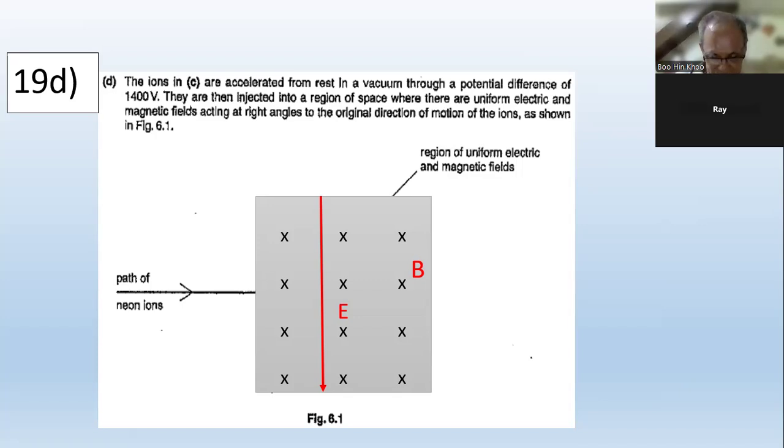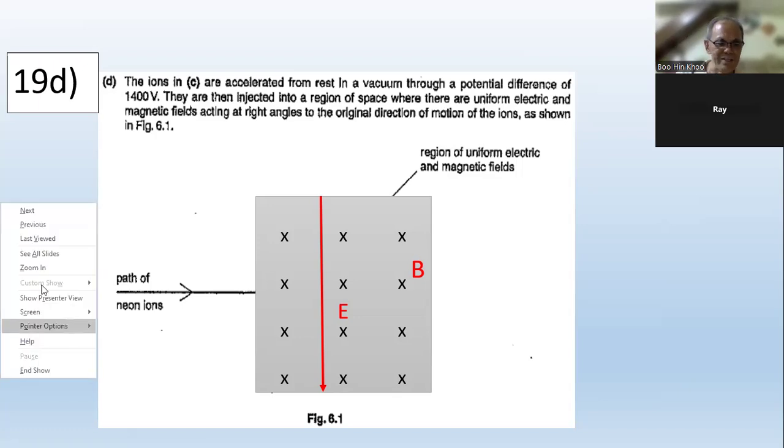If the electric force is downwards, then the electric field acting on a positive charge must also be downwards. Make sure you know how to do that. If you're all right, then carry on.